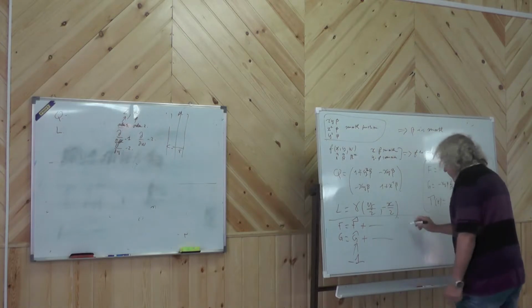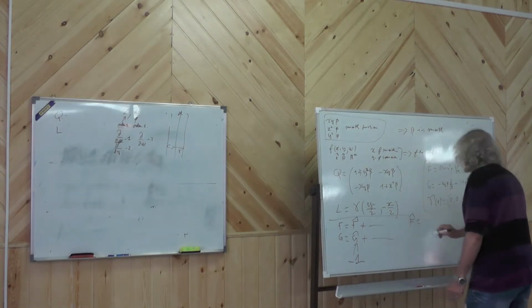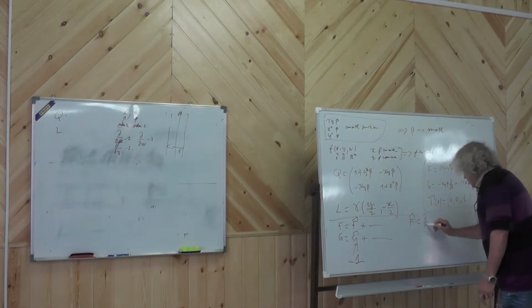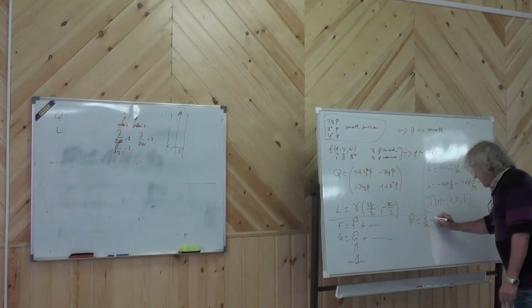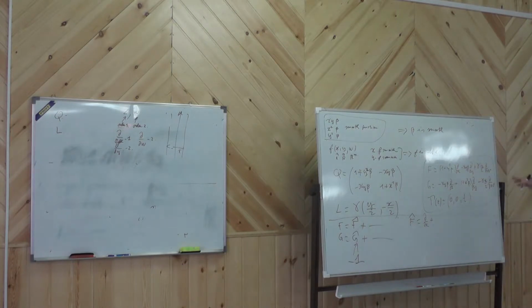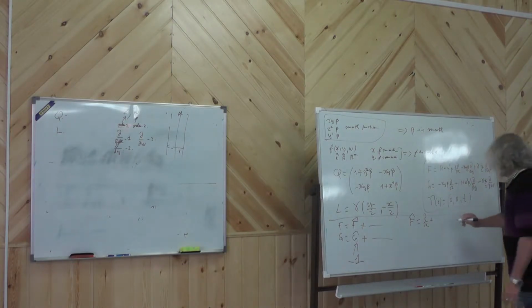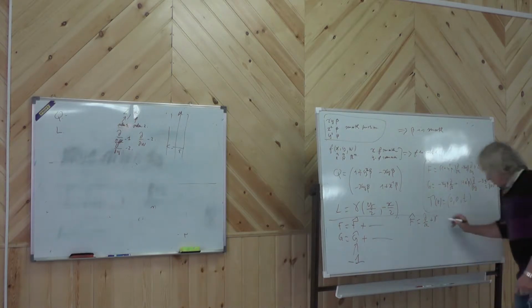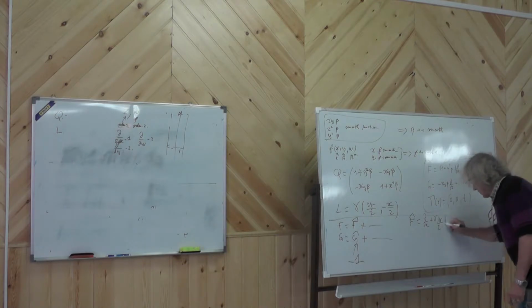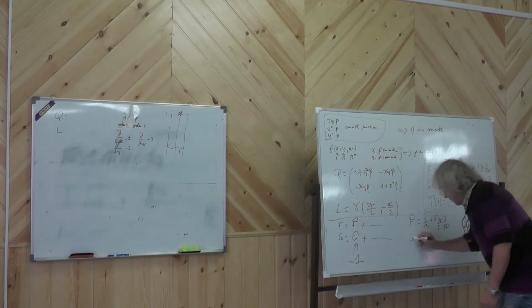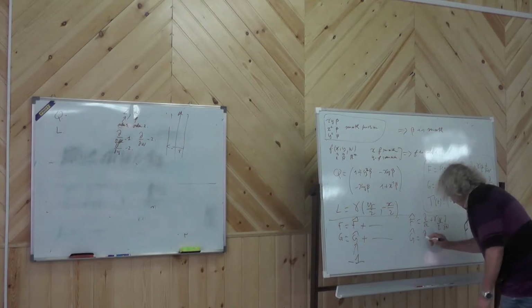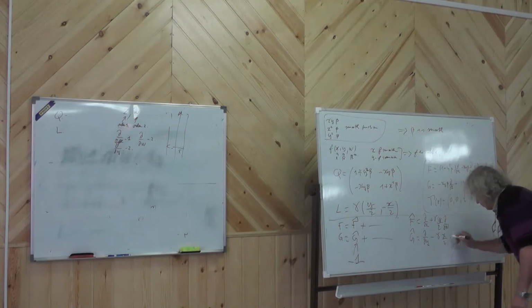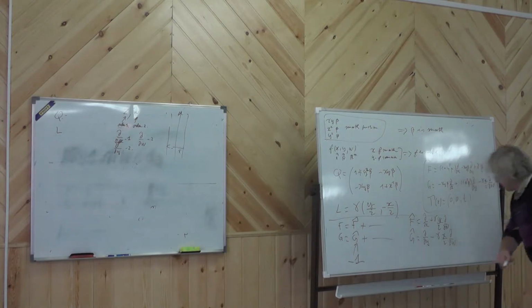You get that f hat is just ddx plus gamma y over 2 ddw, and g hat is equal to ddy minus gamma x over 2 ddw.